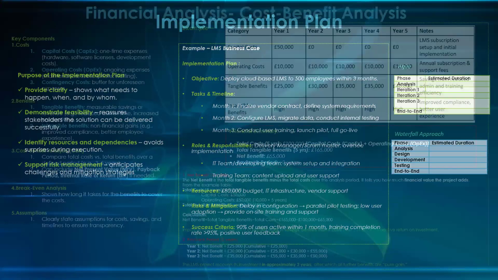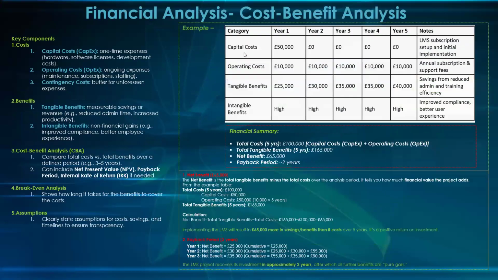So in this case, we're looking at 5 years. We've given ourselves 5 years to start making profit. So look at operating costs for the 5 years, 1, 2, 3, 4, 5: 50, plus total costs for the implementation, which is 50. So everything is 100.